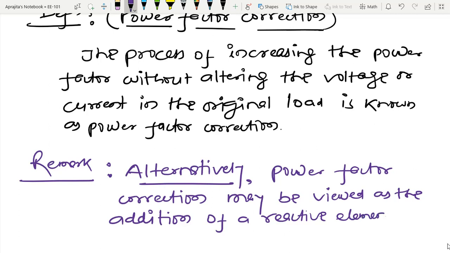So in case of inductive load, I am going to add the capacitor.